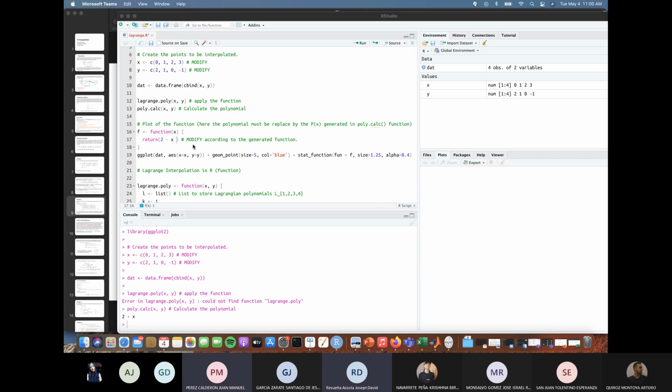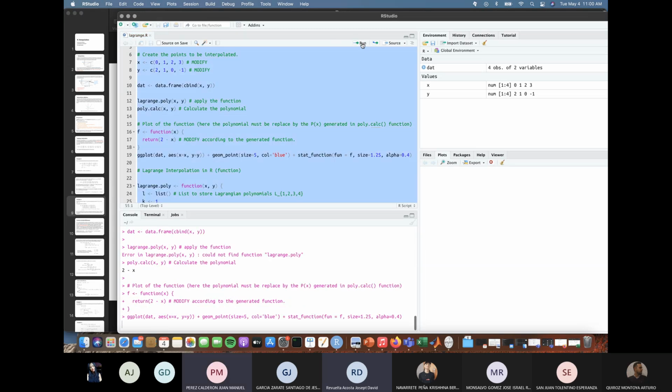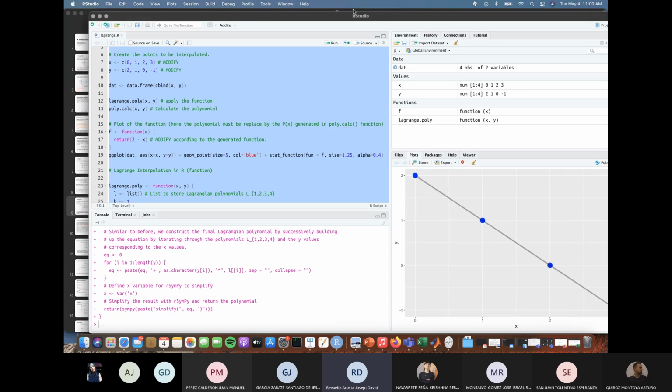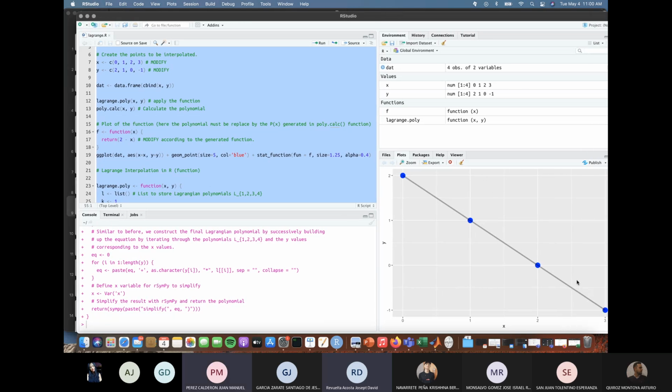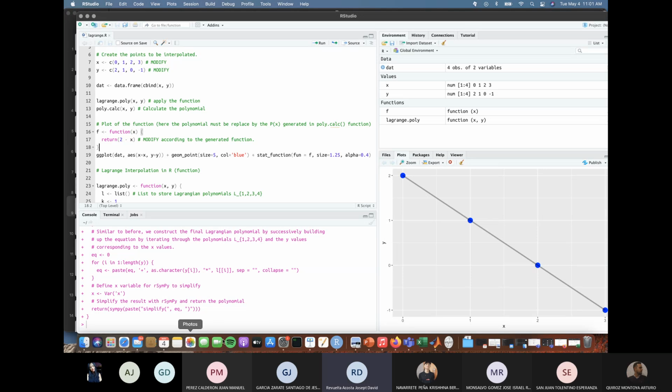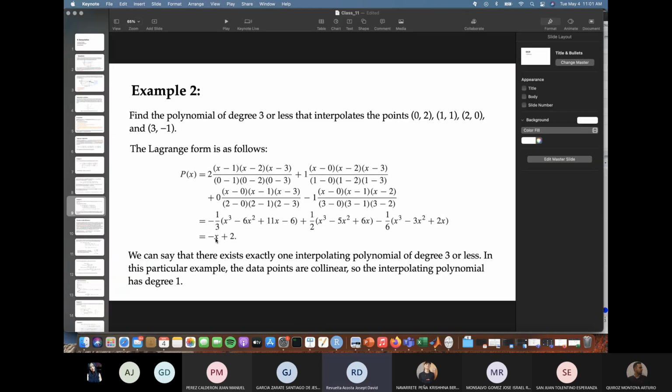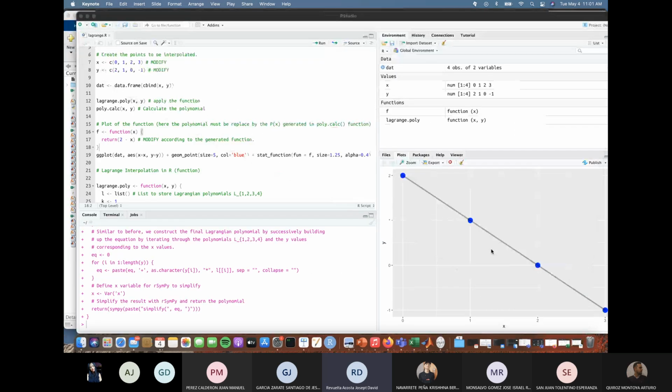So this is the script that I created. In general, give me, for example, the solution, and these are the points that we have. If you think about it, the solution is equal to 2 minus x. That's a line, right? The solution in the presentation, minus x plus 2, is a line.